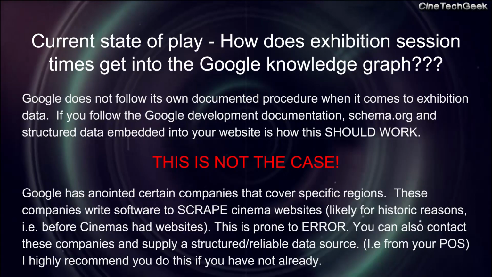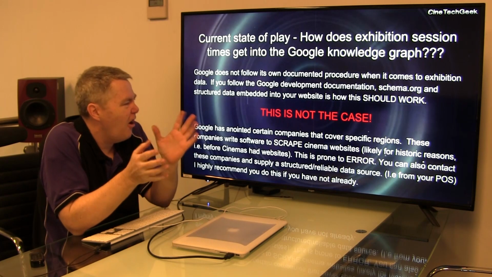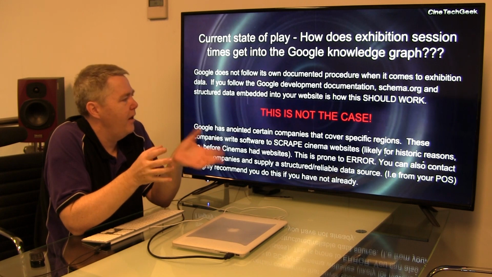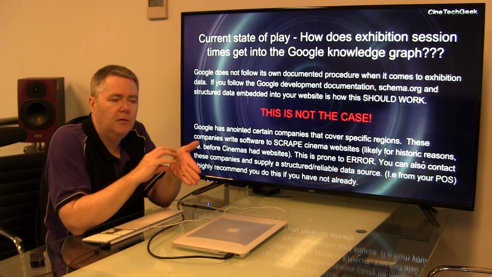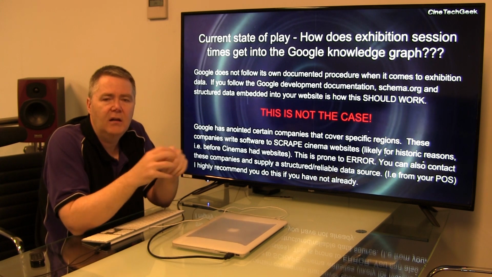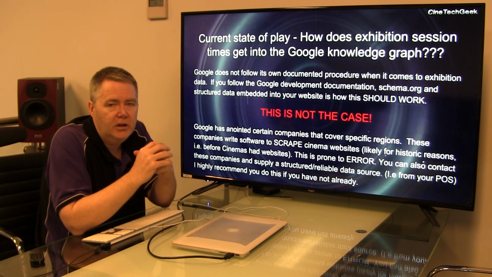So let's have a look at how it is done. At the current state of play, this isn't so good. Google does not follow its own documented procedure when it comes to exhibition data. If you follow the Google development documentation and schema.org, etc., you'll see a lot of mention of these carousels and how that data gets into what they call their knowledge graph.